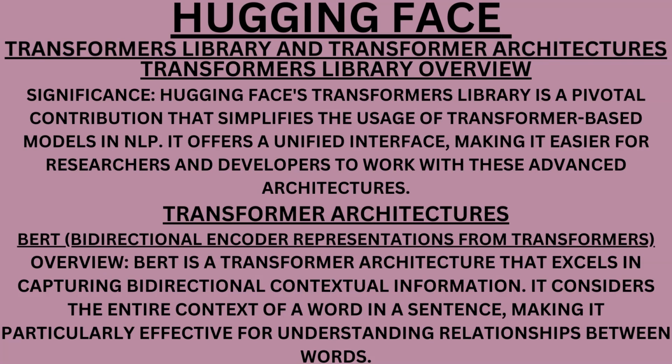Transformer Architectures. BERT, Bidirectional Encoder Representations from Transformers. Overview. BERT is a transformer architecture that excels in capturing bidirectional contextual information. It considers the entire context of a word in a sentence, making it particularly effective for understanding relationships between words.